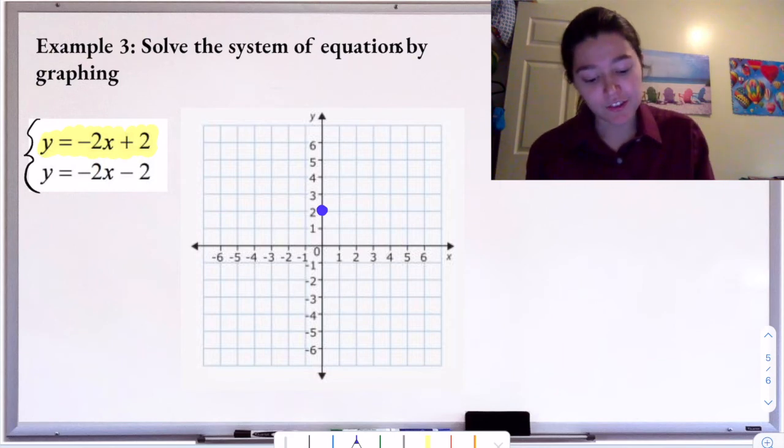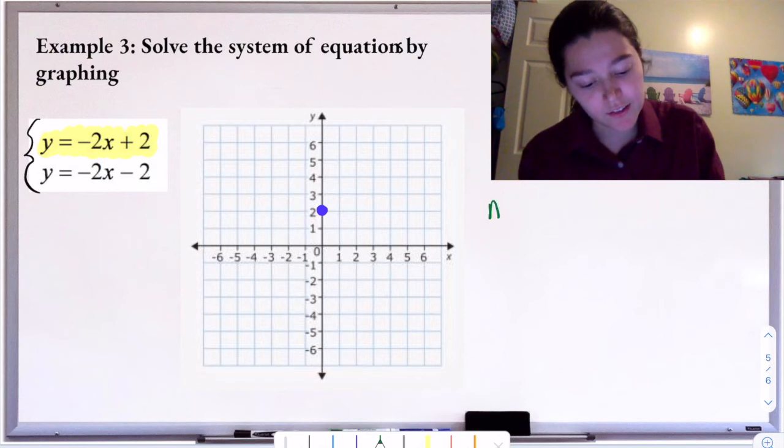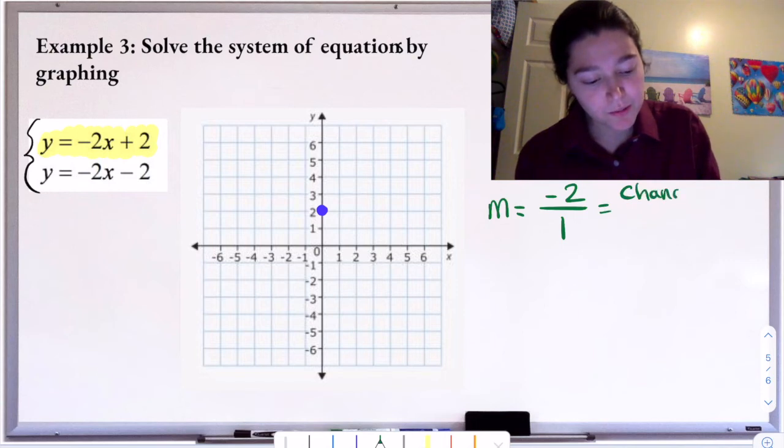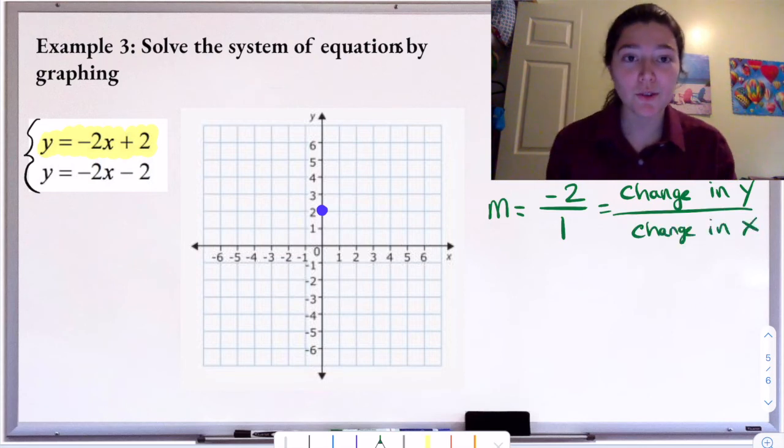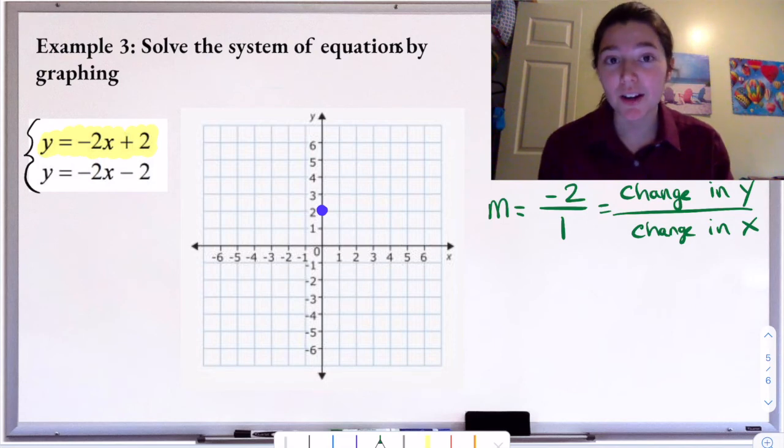And then I have a slope of negative 2. When I have a slope of negative 2, or any integer, I can just put that over 1 to turn it into a fraction form, because any number divided by 1 is itself.